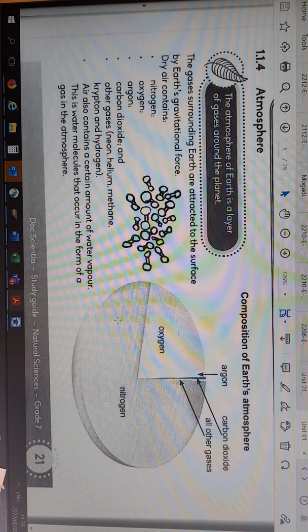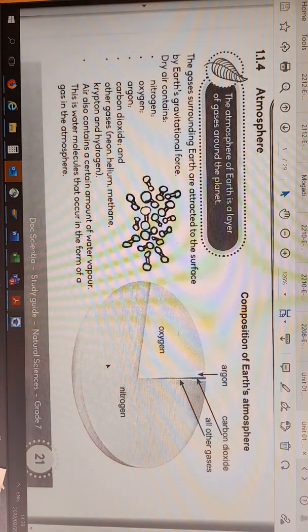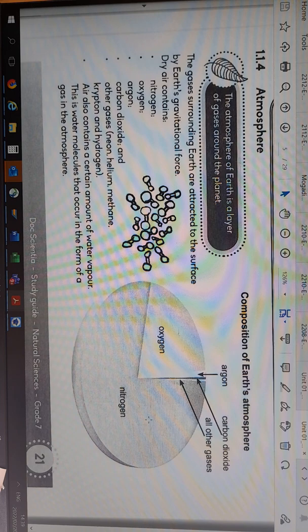The bigger portion is nitrogen, and then oxygen is the second biggest, then argon is number 3, carbon dioxide number 4, and a small percentage of all other gases. So nitrogen has the biggest percentage in dry air.